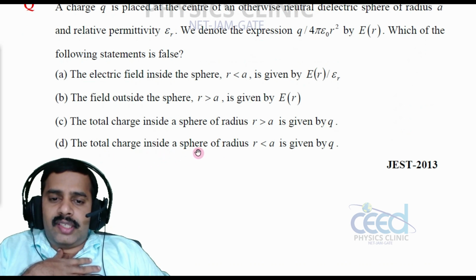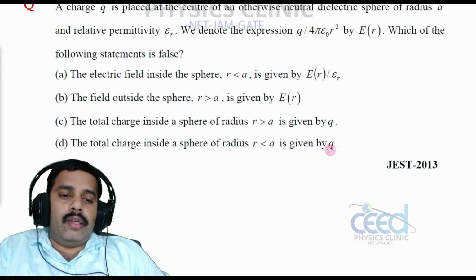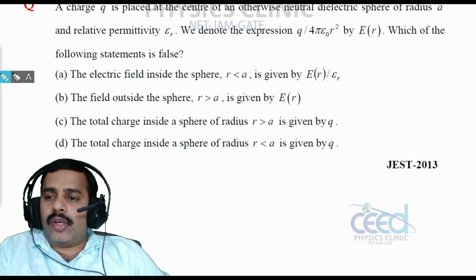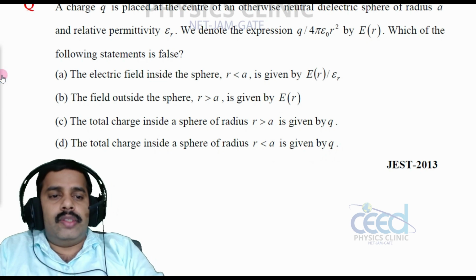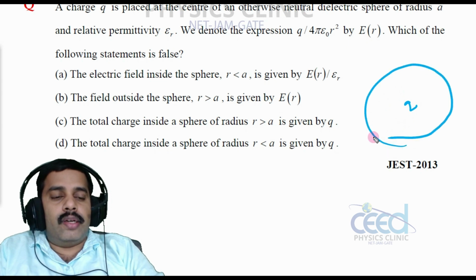Now the last statement: the total charge inside the sphere of radius r less than a is given by q. That is also correct, because we located the charge at the center of the dielectric sphere.